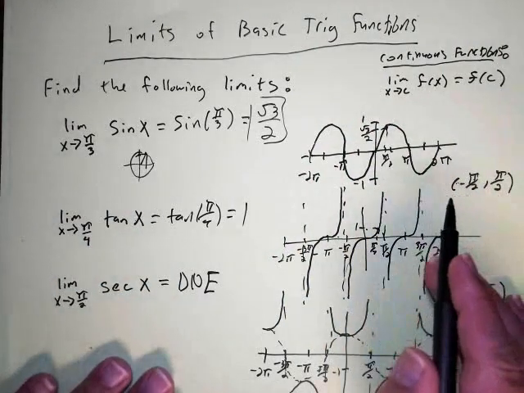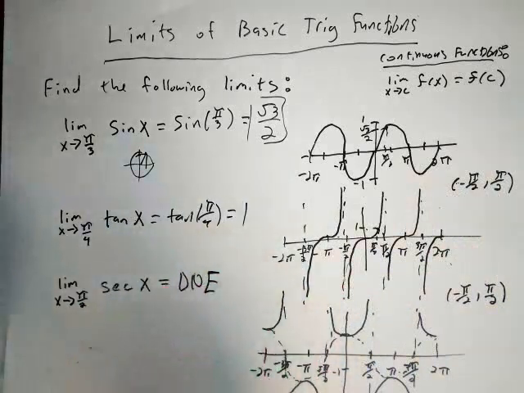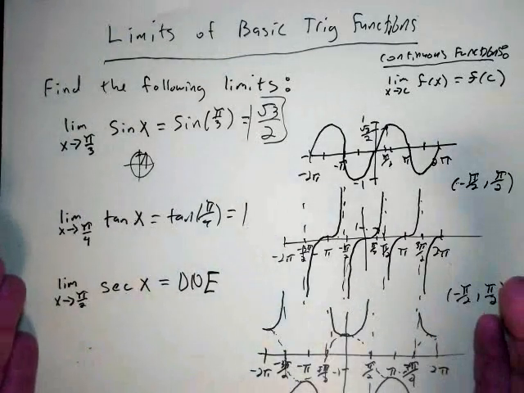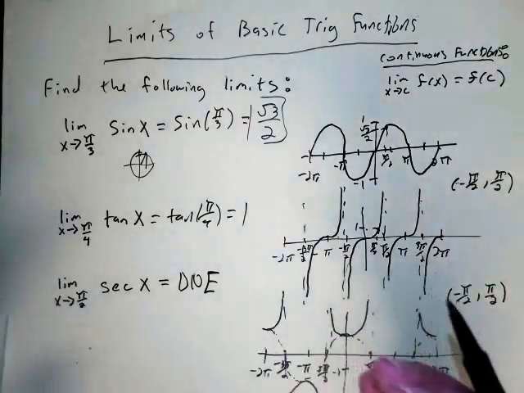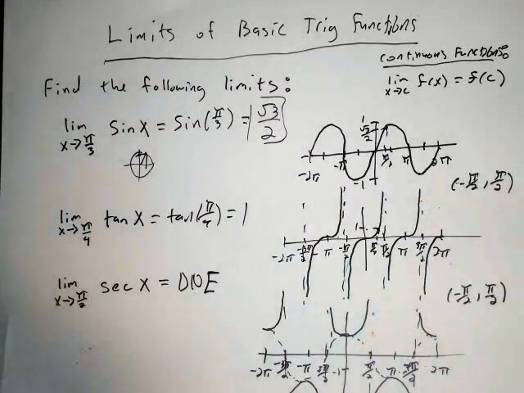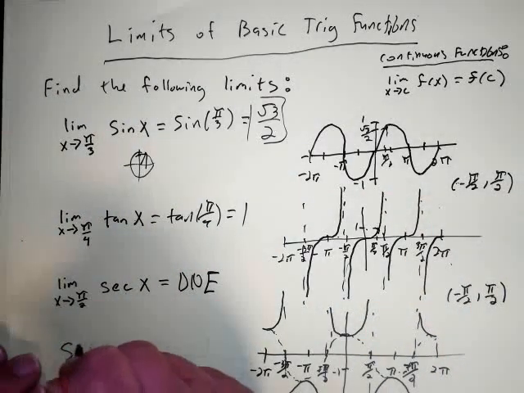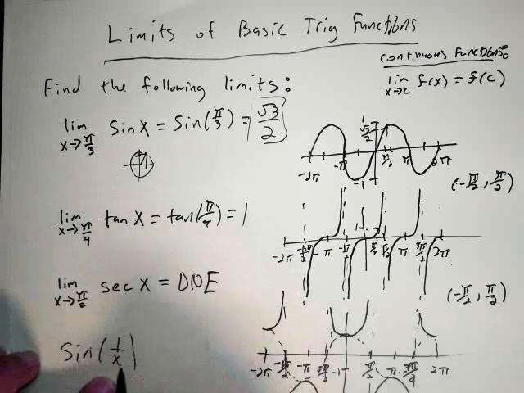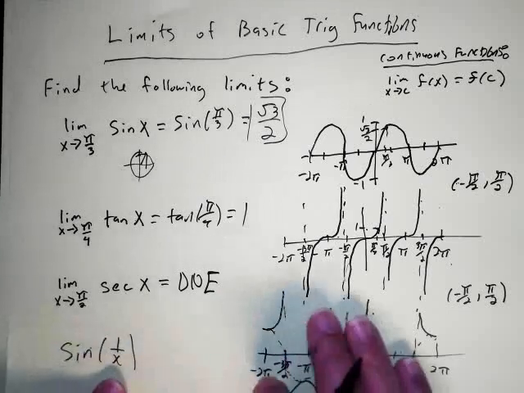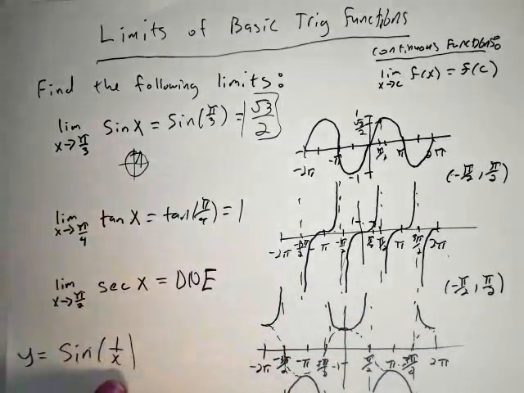So if you're changing these functions in the way we did when we graphed them and shifted the graph in different directions, then you can use these same rules, because the graphs are still continuous and you can evaluate them. But if you're composing, like taking sine of 1 over x, putting another function inside, that was not one of the things we did when we graphed the functions.